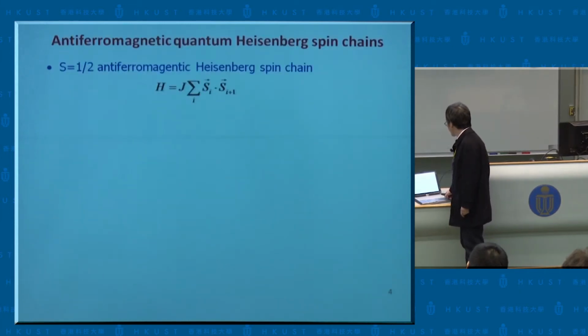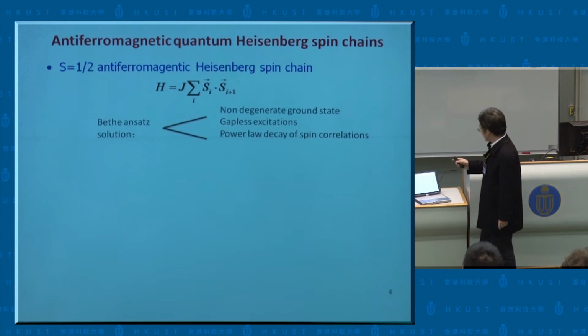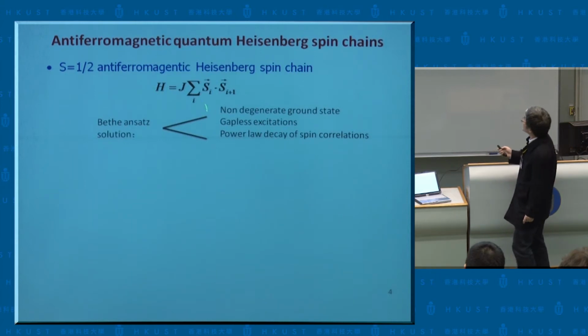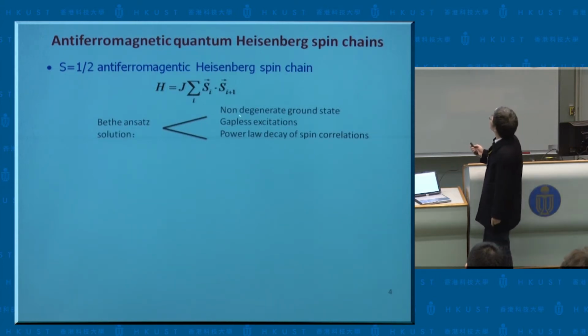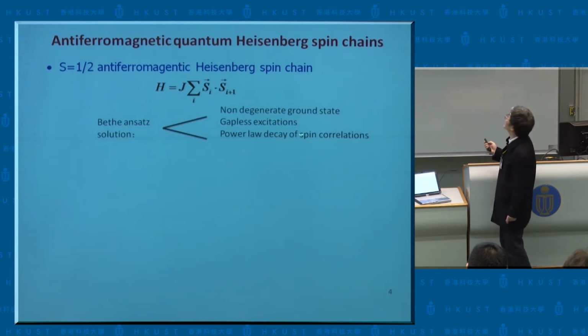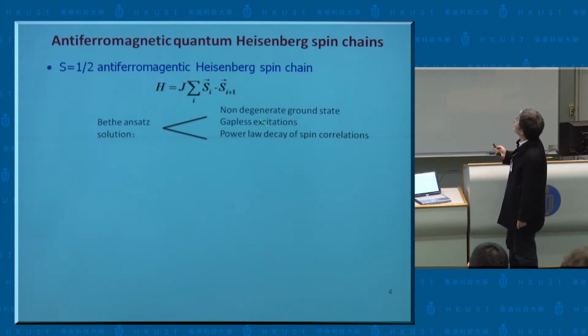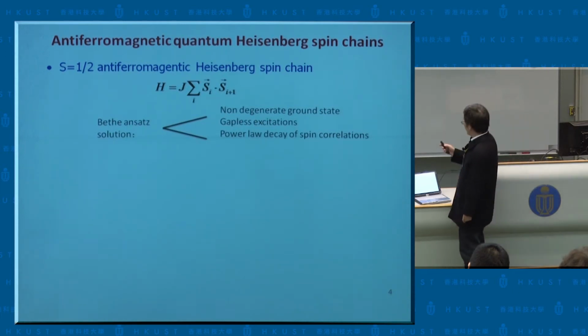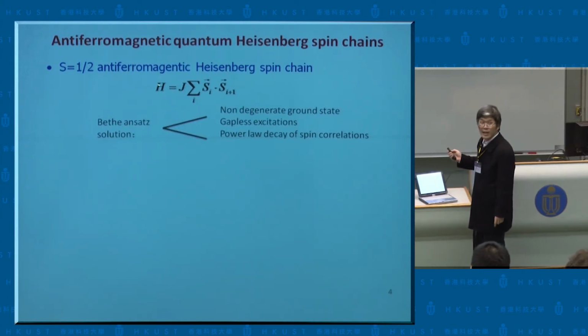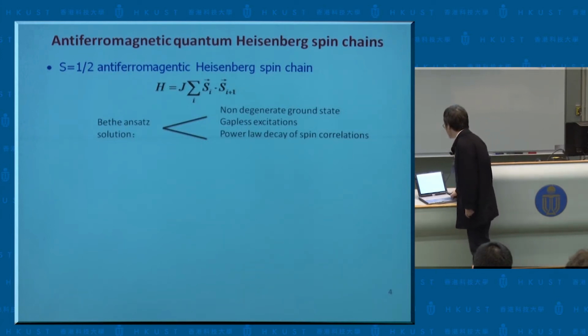For the antiferromagnetic quantum Heisenberg spin chains, as is well known, the spin 1/2 case can be exactly solved by the Bethe ansatz method, and the result tells us the ground state is non-degenerate, and the excitation is gapless, and the spin-spin correlation function decays as a power law. However, for this simple spin chain model, when S is larger than 1/2, there's no exact solution.